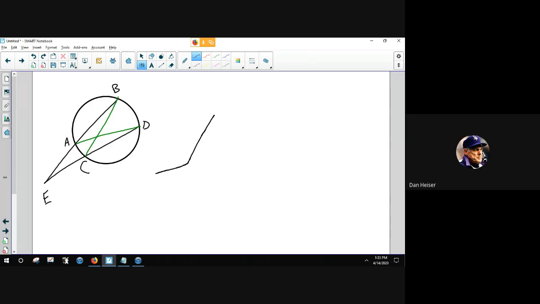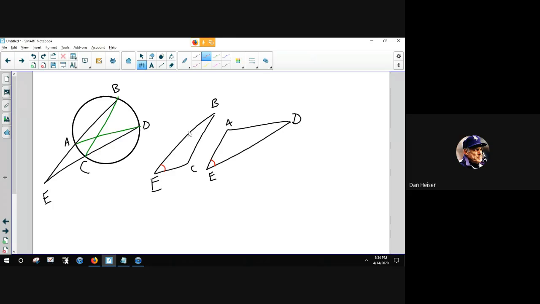I want this triangle, and I want to focus on this triangle. Those are the two triangles I want to take a look at. They both have angle E. That's important. That gives us 1/2 of our angle property.